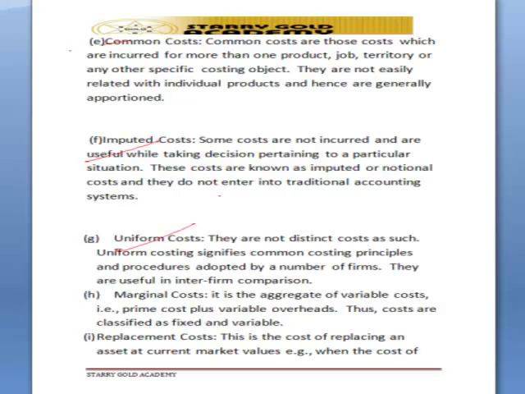It does not mean what the economist says about marginal cost. To an economist, it is the additional cost incurred for additional units produced. But in cost accounting, when we talk about marginal costing, we are talking about variable costing. So marginal cost is the aggregate of variable costs, that is the prime cost plus variable overheads.